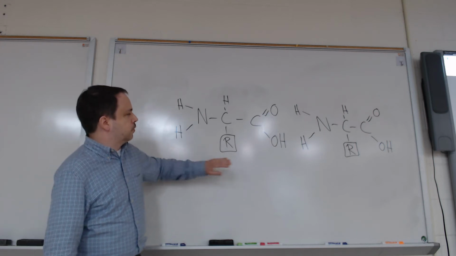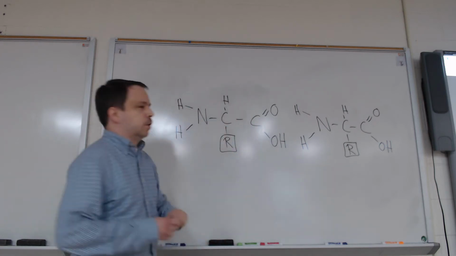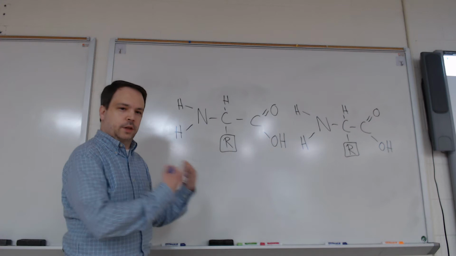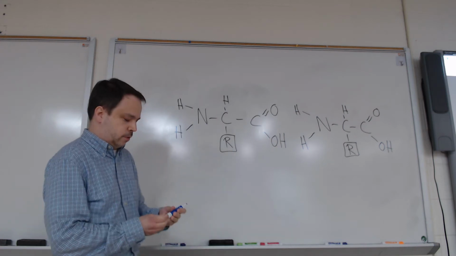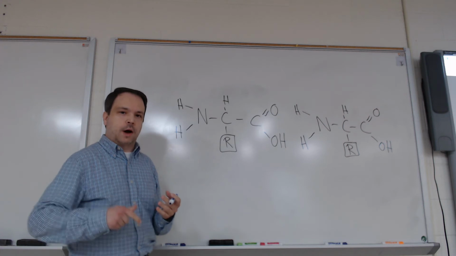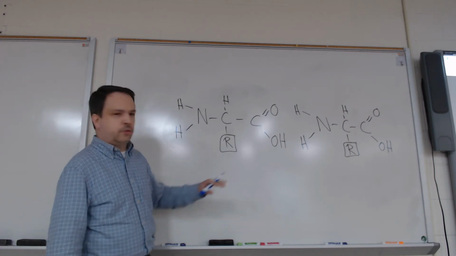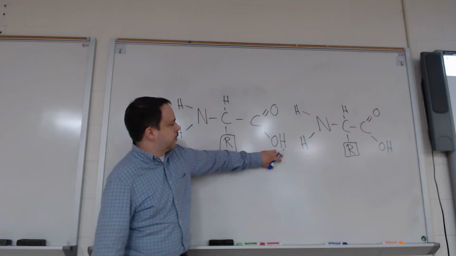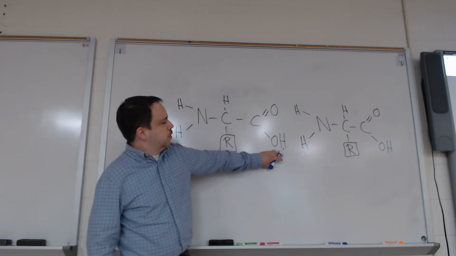So here, this is amino acid number one, amino acid number two. We're going to link them together through a condensation reaction. The condensation reaction is going to release water in the process. So we all know water is formed as H2O, 2 hydrogens, 1 oxygen. And we can actually see that pretty easily right here. On this carboxyl group of amino acid number one, we see an OH.